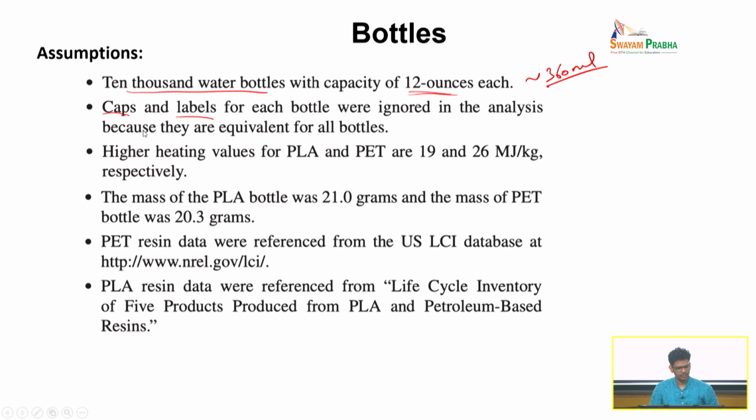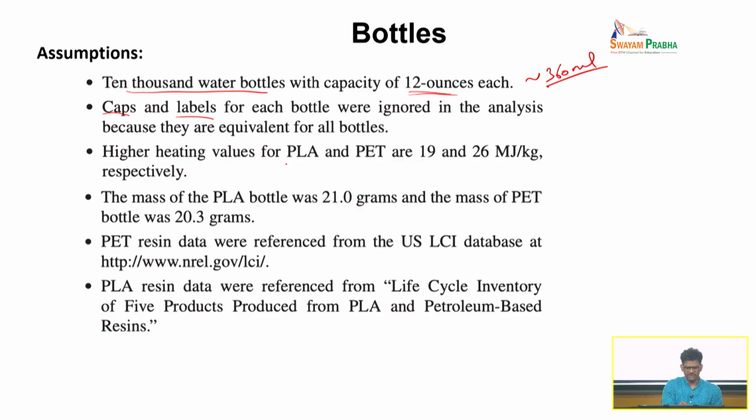If you want to include both, they are typically made up of different kinds of materials. Even in PET bottles, the cap is typically HDPE and the label is polypropylene. But here they are keeping that out of the context in this example.